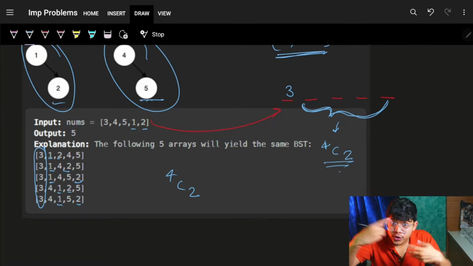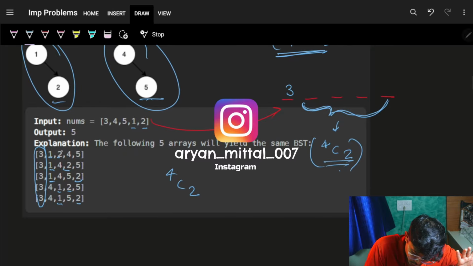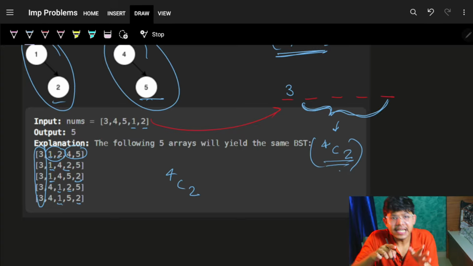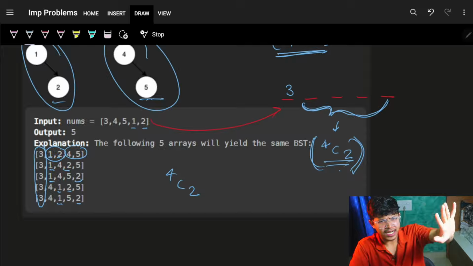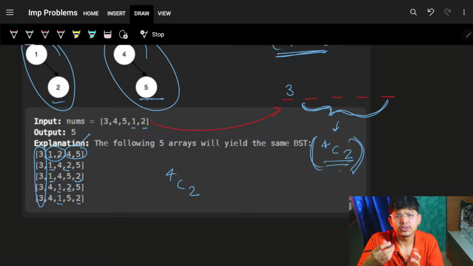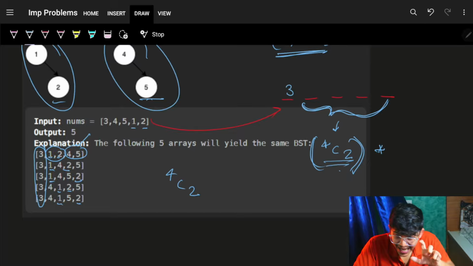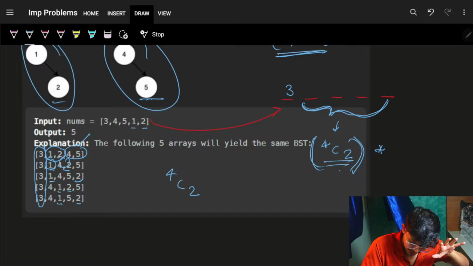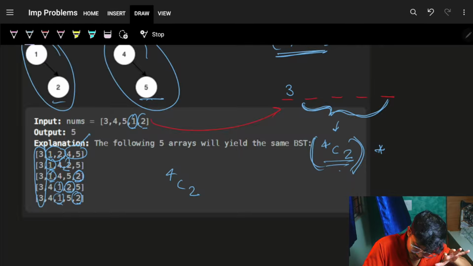So basically, after choosing these positions for, let's say, left, ultimately for right, the remaining positions are already chosen. If I choose the position for left, then if I just place 1, 2, whatever places remain are for right. So I can choose any positions for left.